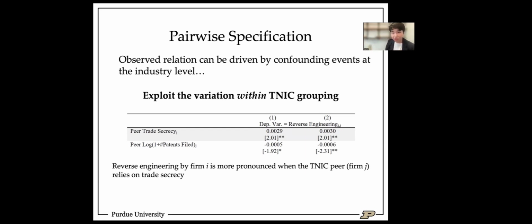Using this pairwise measure, we show results that look very similar to our main specification, where reverse engineering by firm i is much more pronounced when their competitor peer firm j relies on trade secrecy. And the reverse is true for the amount of patents that are filed.